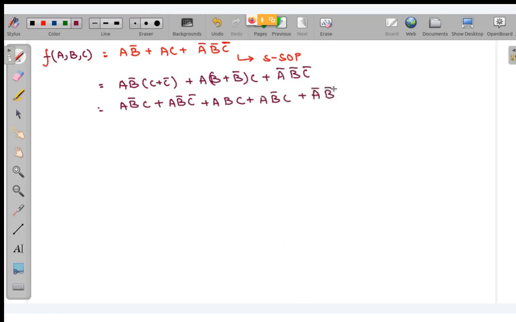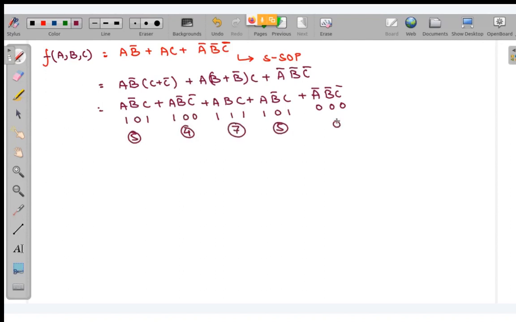So this corresponds to what? In your SOP format, this corresponds to 0, 0, 0. This corresponds to 1, 0, 1. This corresponds to 1, 1, 1. This corresponds to 1, 0, 0. And this corresponds to 1, 0, 1. So this is 5, this is 4, this is 7, this is 5, this is 0.